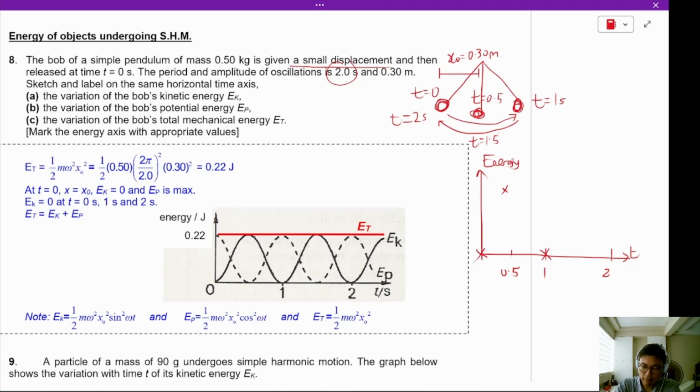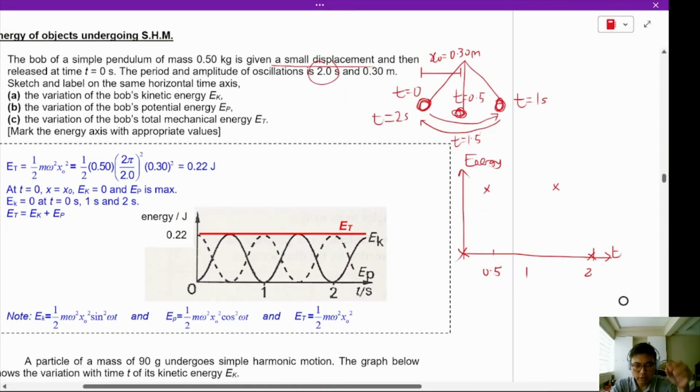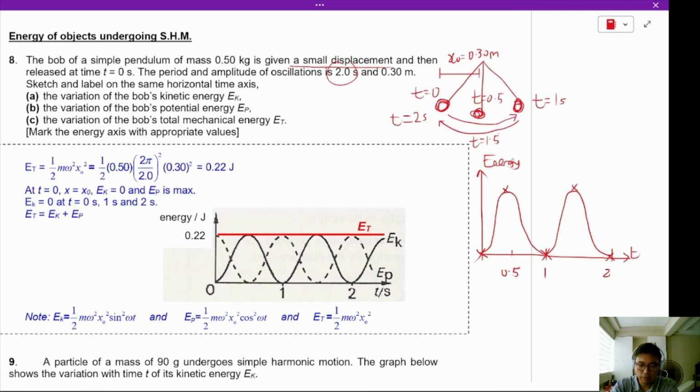Then at 1.5 seconds, this is the KE. And then this is at 2 seconds. So this is what the KE looks like. Okay? This is the KE graph. Now, usually we will need to do the KE a couple of times, but never mind. Okay, we'll just do it over here.